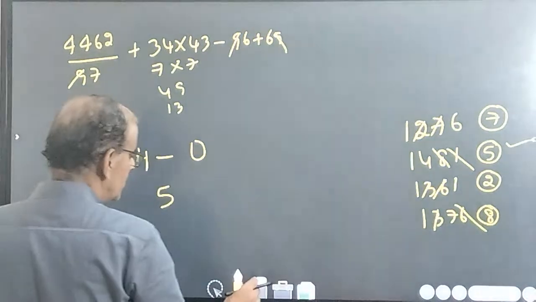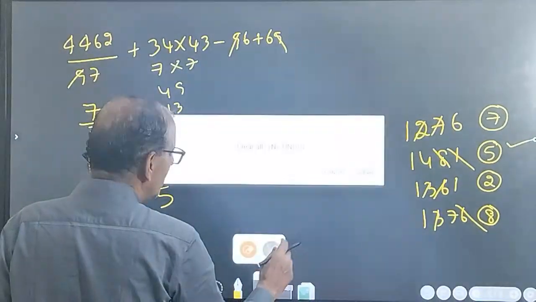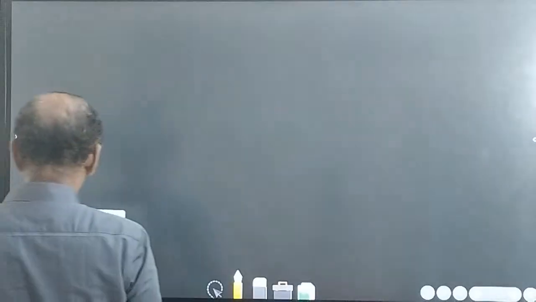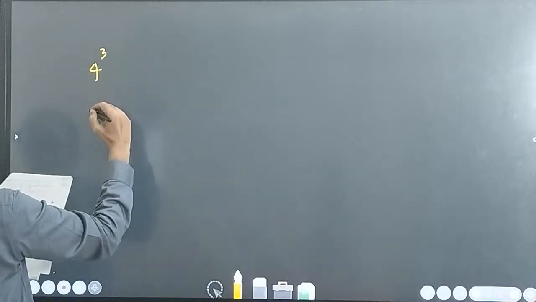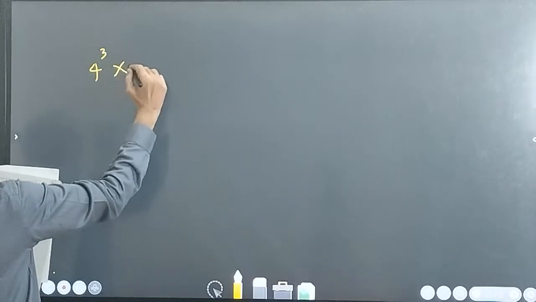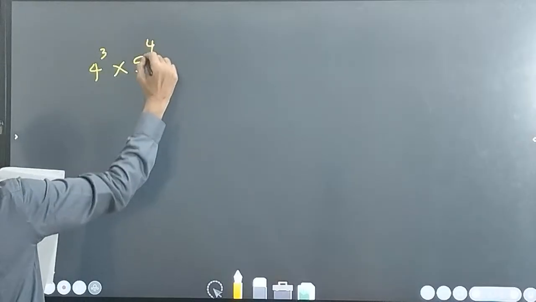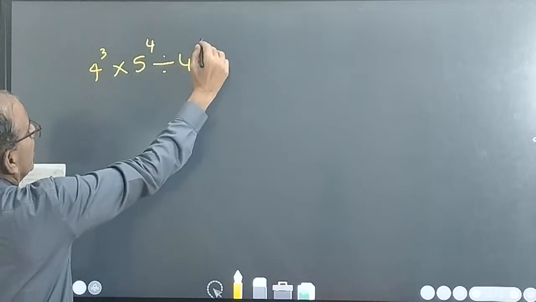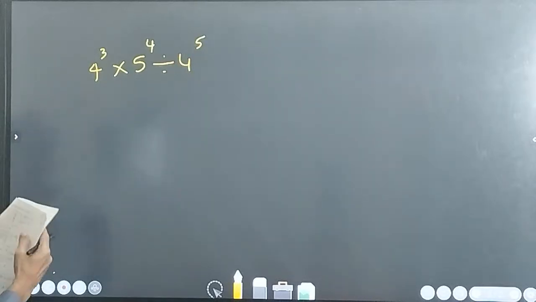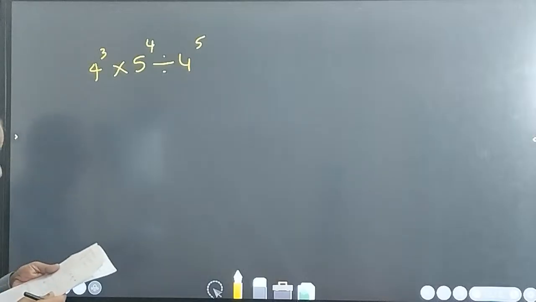In this question, sometimes you may have to apply some short tricks also. For example, the question is 4 cube into 5 to the power 4 divided by 4 to the power 5, how much? Okay. Then what is the answer?